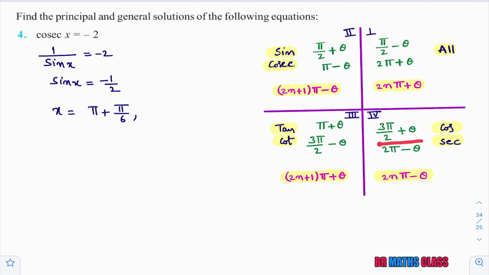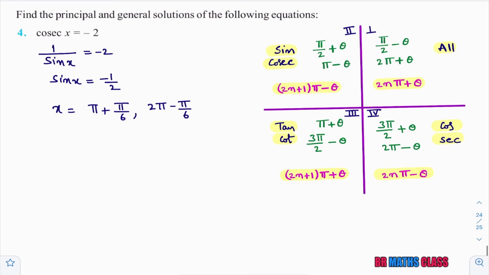We know that in fourth quadrant, sin is negative. 2 pi minus theta lies in fourth quadrant. So to find that, just simply write 2 pi minus pi by 6. If you want, you can calculate sine of 2 pi minus pi by 6. You will get minus 1 by 2 only. Simplify this: 6 pi plus pi, that is 7 pi by 6, comma 12 pi minus pi, that is 11 pi by 6.